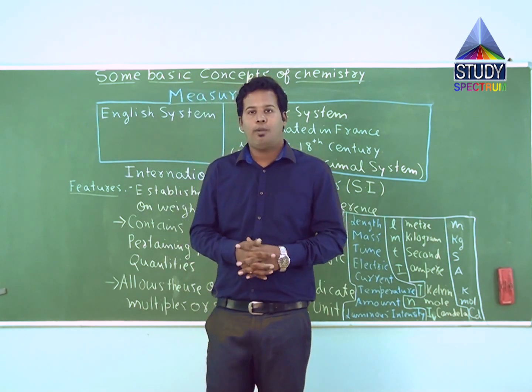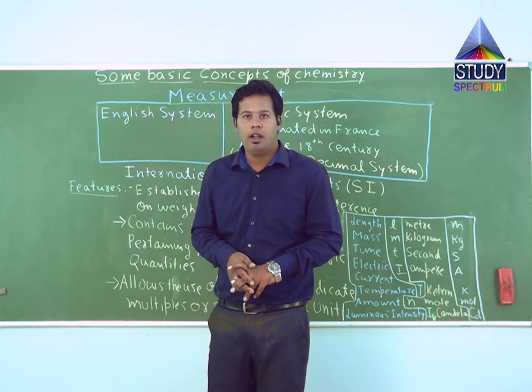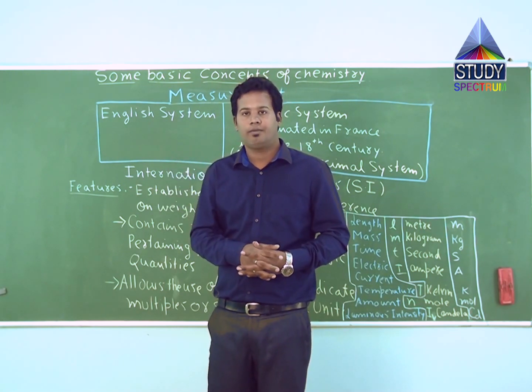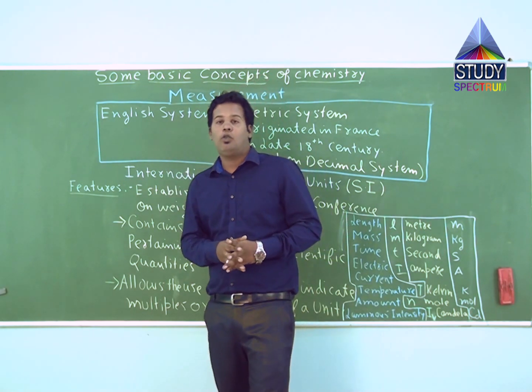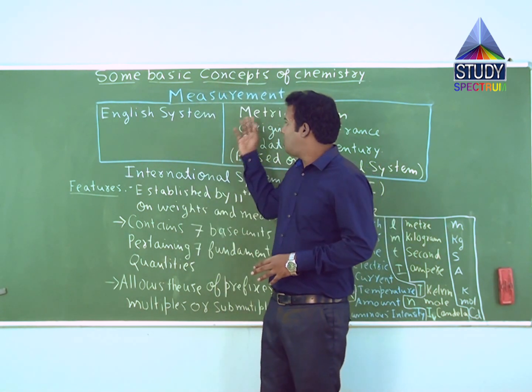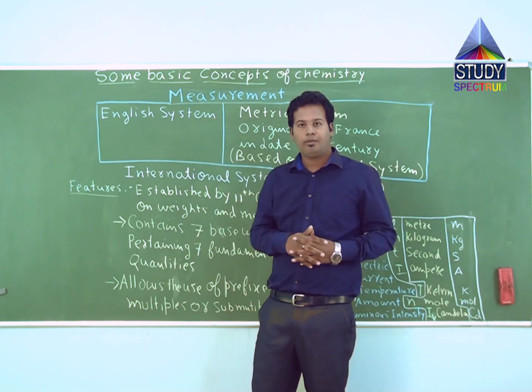So a quantitative observation or measurement is represented by a number followed by a unit in which it has been measured. Now there were two different systems which were used earlier for measurement, the English system and the metric system.